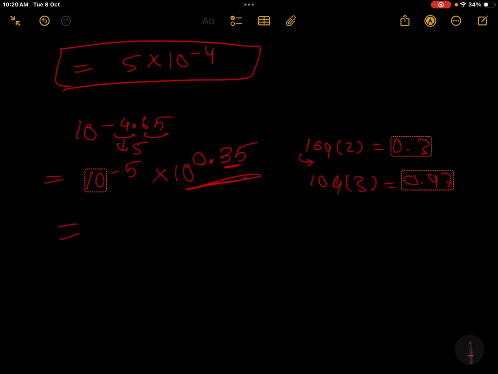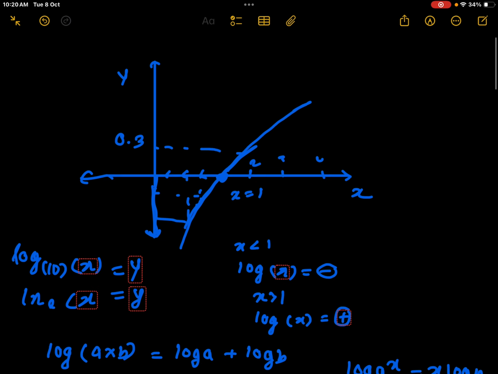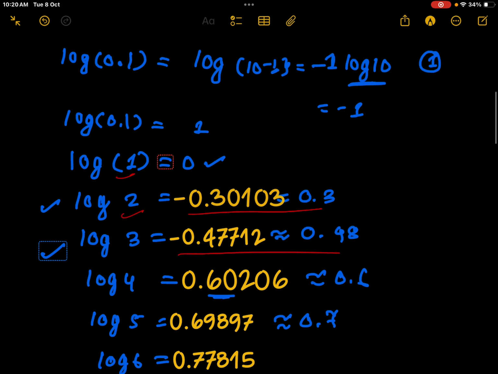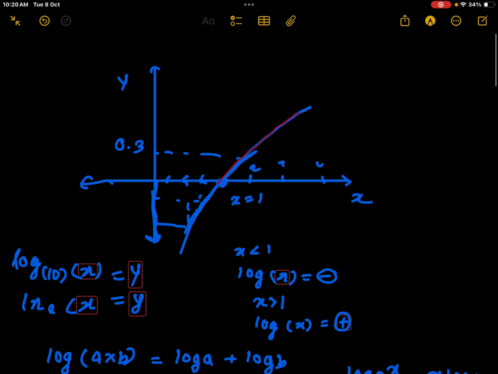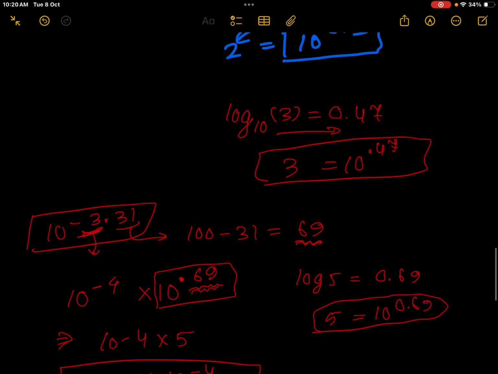So the answer is basically lying around 2.1, 2.2, 2.12. Let's consider, approximately, that log 2 is 0.3. Then log 2.1 or log 2.2 value will be 0.35. Since we know that log is an increasing function, as x increases, the value of y also increases.